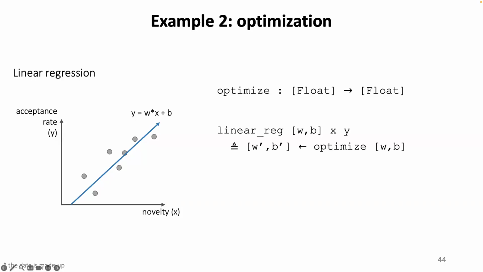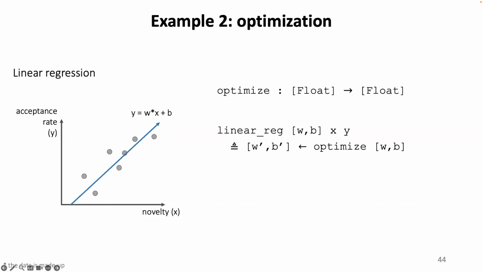So let's define the program that does linear regression with respect to the current weight W, bias B, and a data point X and Y. And we will call optimize by passing the current parameters W and B, and we expect optimize to return the updated parameters W prime and B prime.